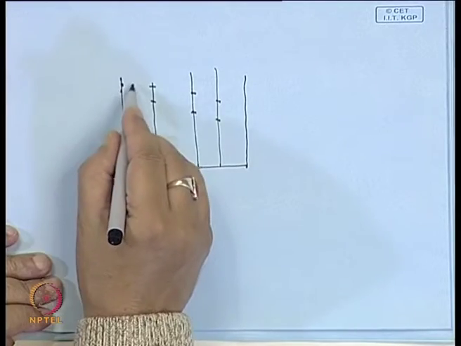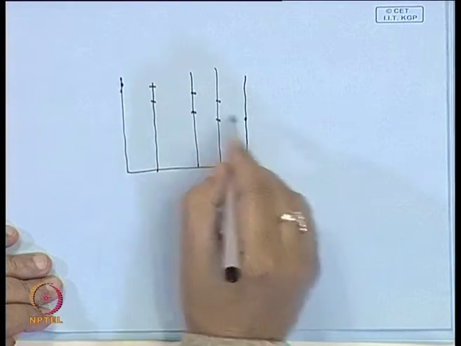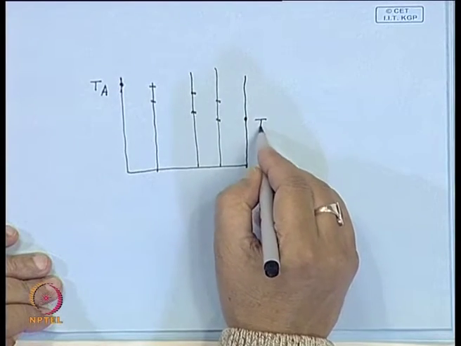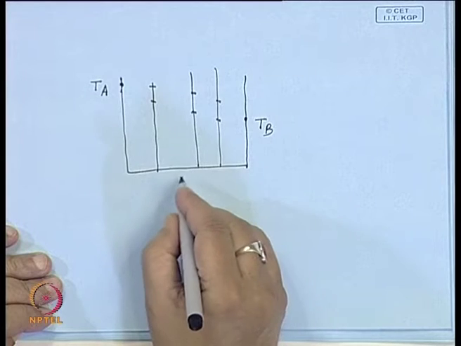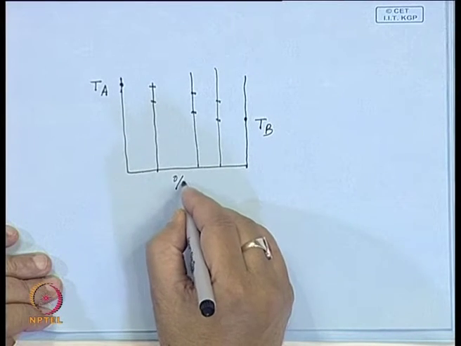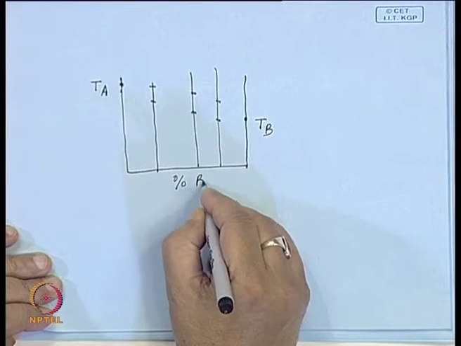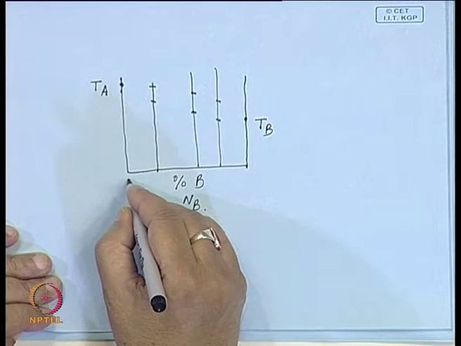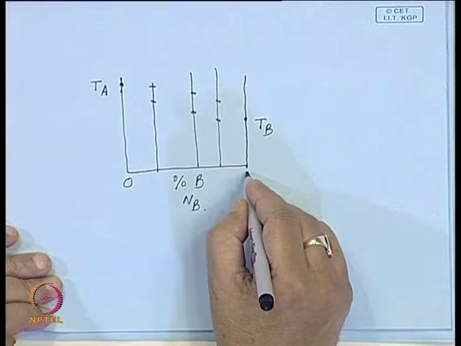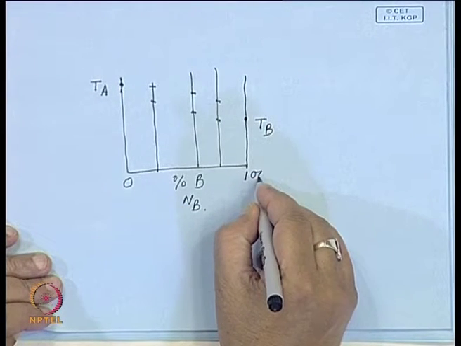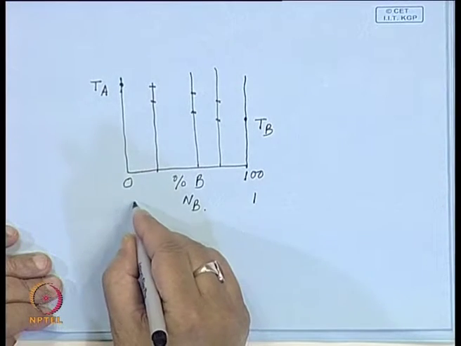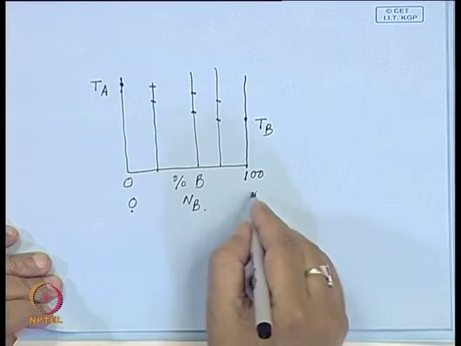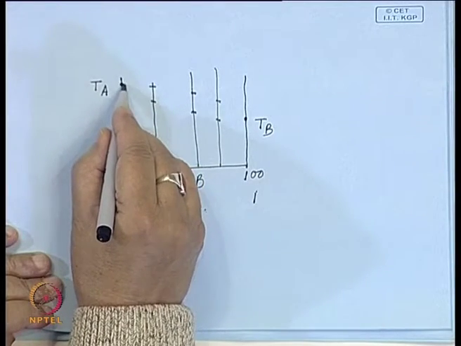Suppose this is the melting point of A, this is the melting point of B, and this is the composition, weight percent B or mole fraction B. So, this is 0 B, this is 100% B, or atom fraction B is 1.